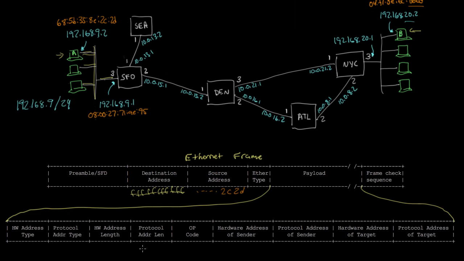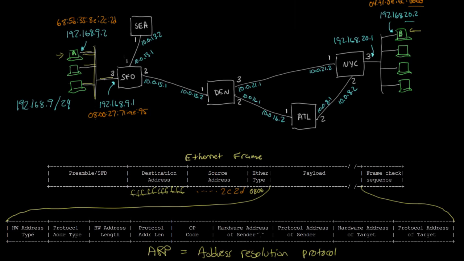And this whole thing is called ARP, which is the Address Resolution Protocol. And so the ether type here is going to tell us that the payload is this format. And so there's a special code for that, which is 0806. And so when we see this 0806, then we know that the payload is going to be this ARP format.